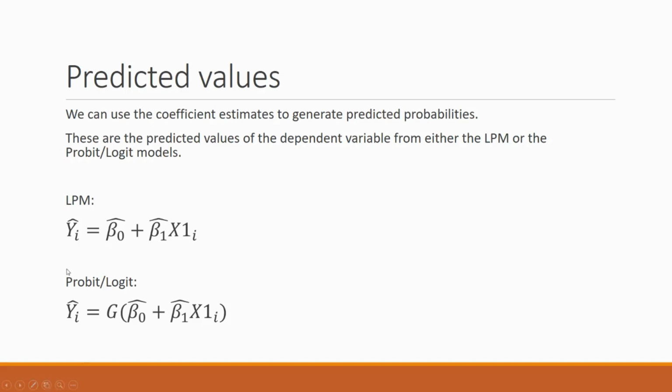But for the probit model, the predicted value, this yi hat, will always be between 0 and 1 because the g function is bounded between 0 and 1. The g function never goes below 0 or above 1. Okay, so that's what I mean by predicted values. We'll generate some predicted values when we look at Stata.